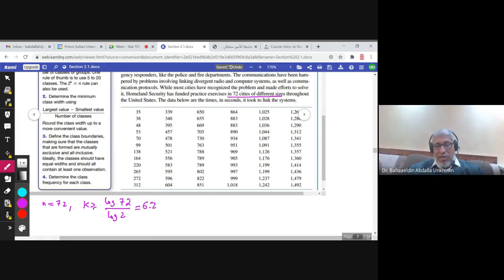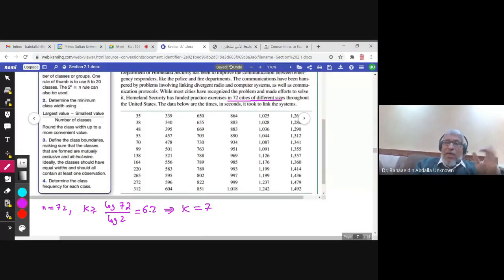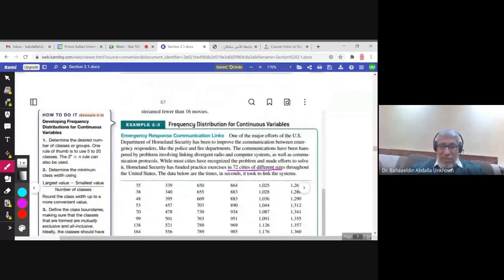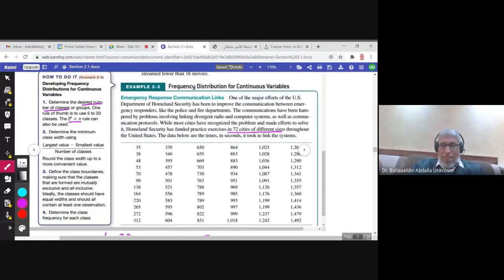We need an integer. You round up to greater than or equal, so k would be 7. So the number of classes would be 7. So the first step in developing a grouped frequency distribution is to determine the desired number of classes using this method. So k is 7. That's the first step.